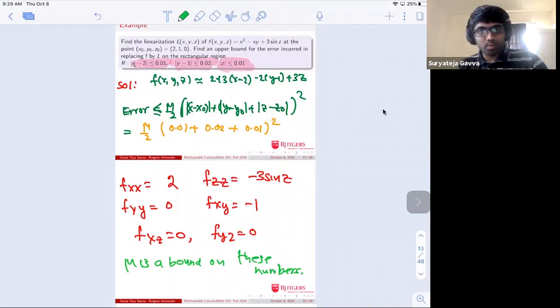Can you tell me what is the maximum value of all these numbers that you see?